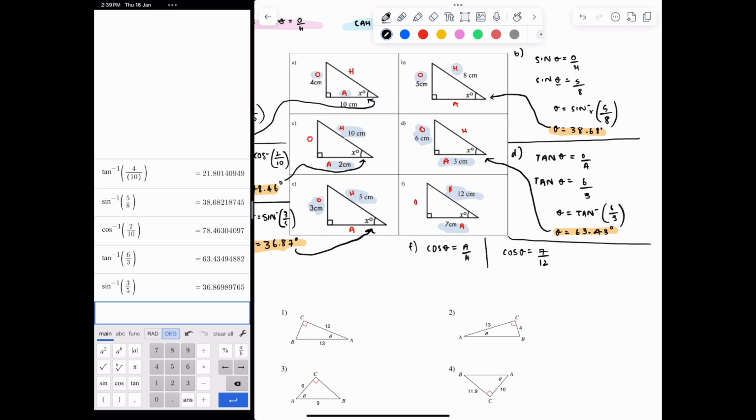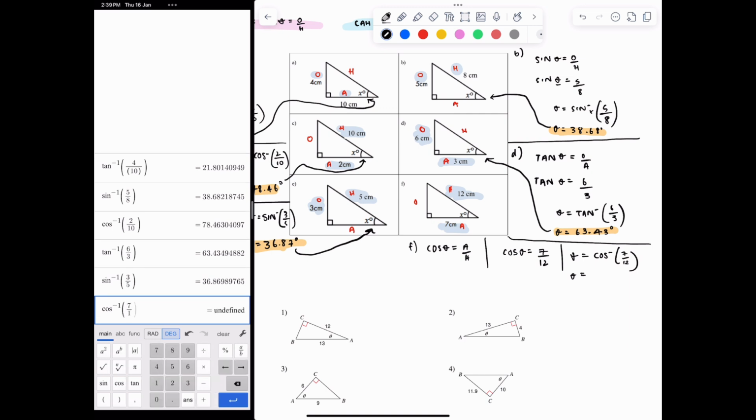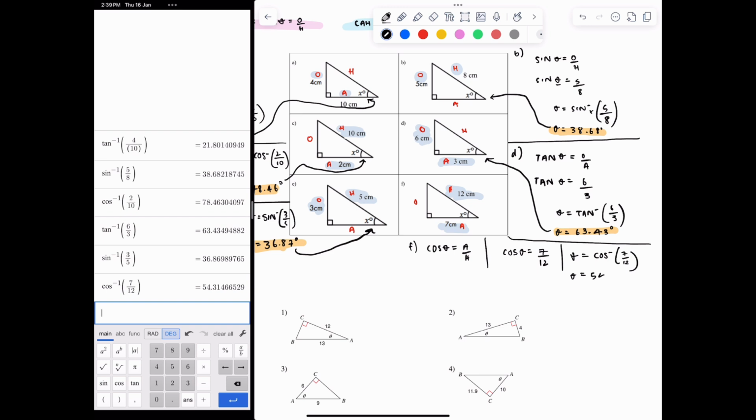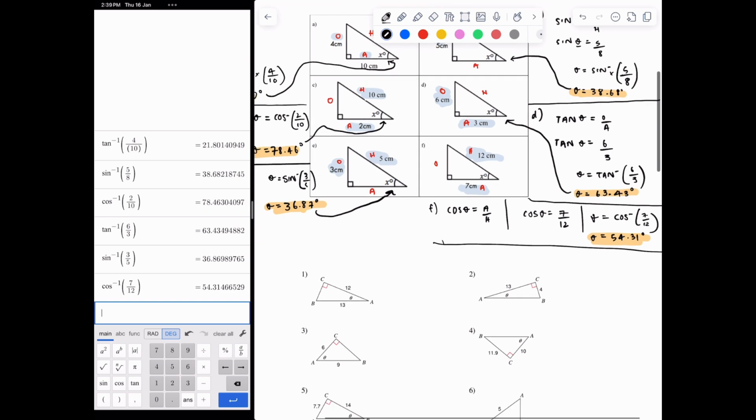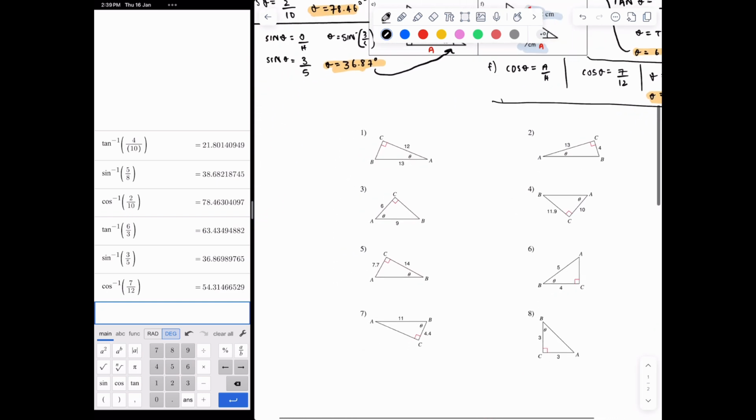Cosine theta equals 7 over 12. Rearrange to find the angle, which is inverse cosine times 7 over 12. Plug that into your handy dandy calculator. Also, you should make sure that your calculator is set to degrees, not radians, otherwise you will get some funky looking answers, okay? That's a pro tip. Alright, so we've got 54.31 degrees. Beautiful. So we've finished the first section of that worksheet.